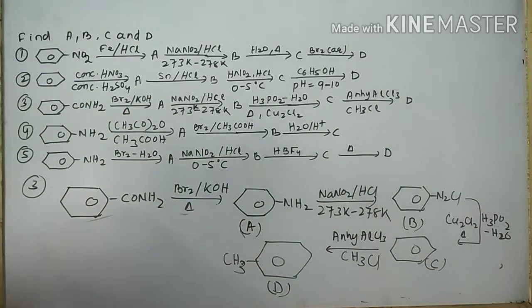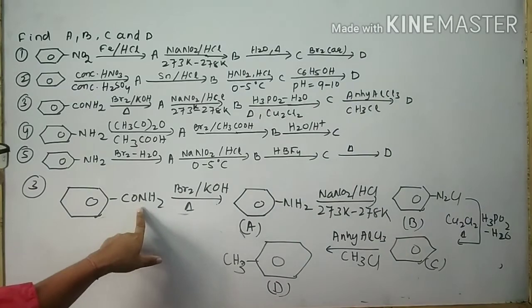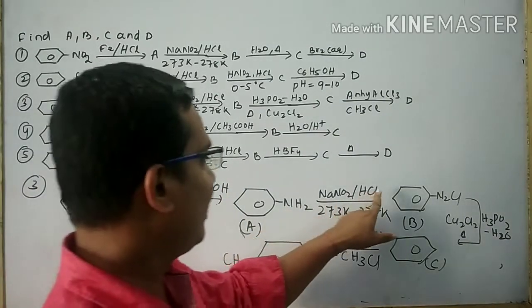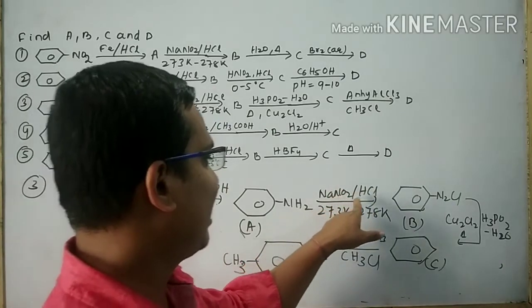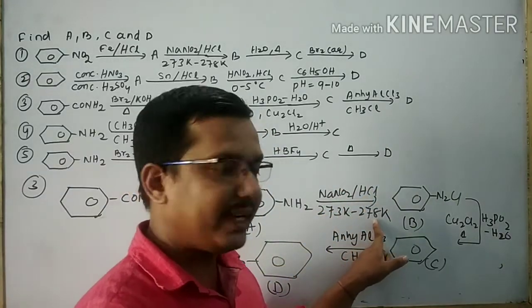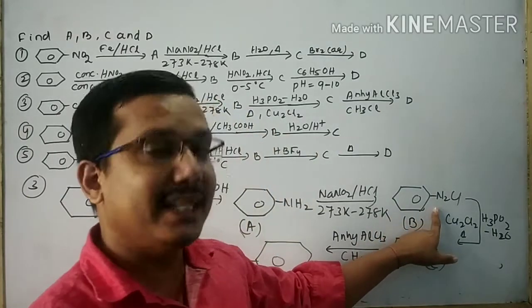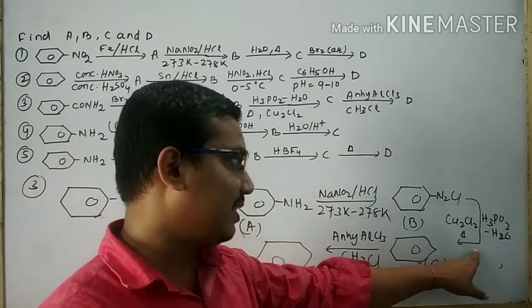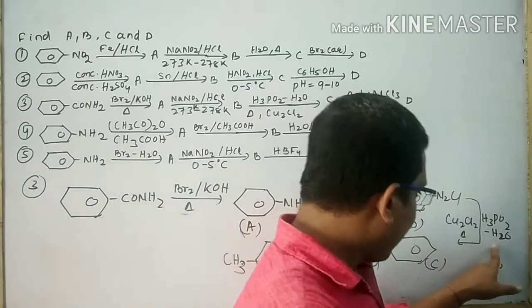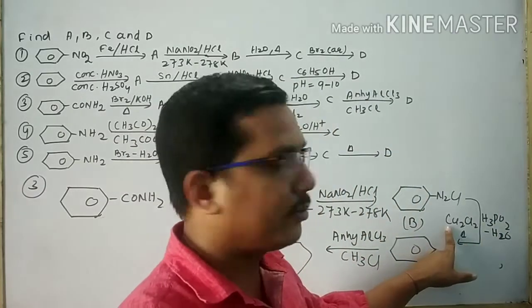Again I will repeat. Benzamide is subjected to the Hofmann-Bromamide reaction. Aniline is formed. Aniline is subjected to reaction with NaNO2 in the presence of HCl at 273 Kelvin to 278 Kelvin temperature. Then BDC is formed. Now this BDC is subjected to reaction with H3PO2 and also water in the presence of Cu2Cl2.